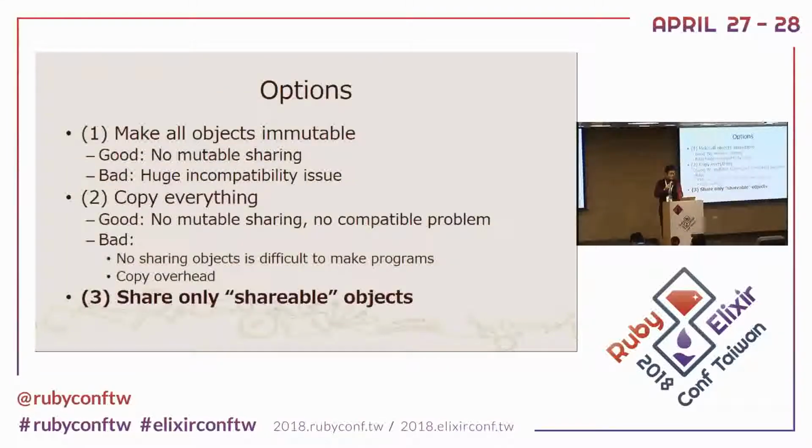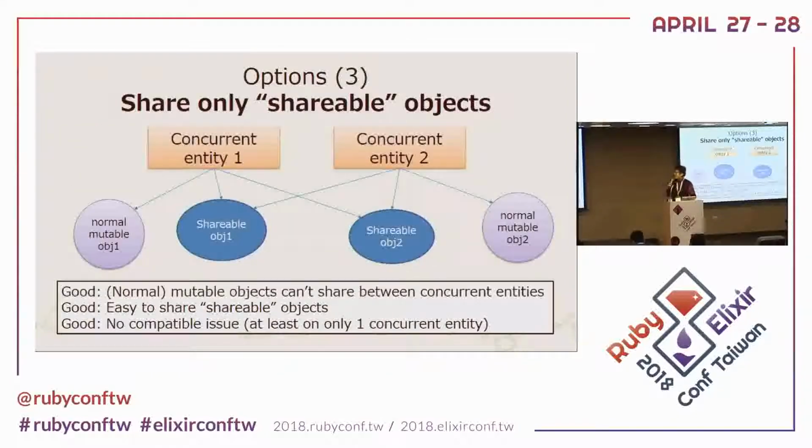So our solution is sharing only shareable objects. It means that we design whether an object is shareable or not. So we define that a normal mutable object is not shareable, so we can't share these objects. But if it is a shareable object, we can share it.